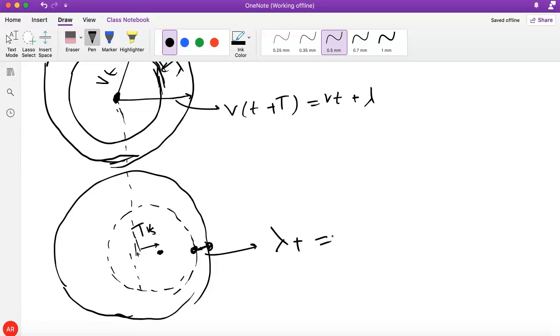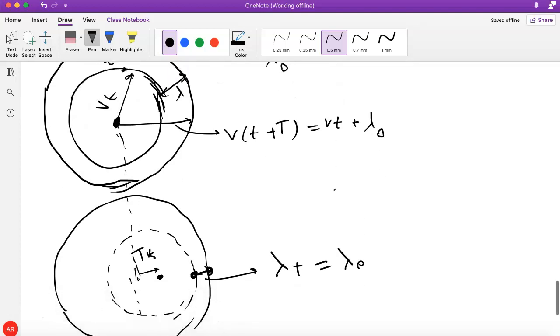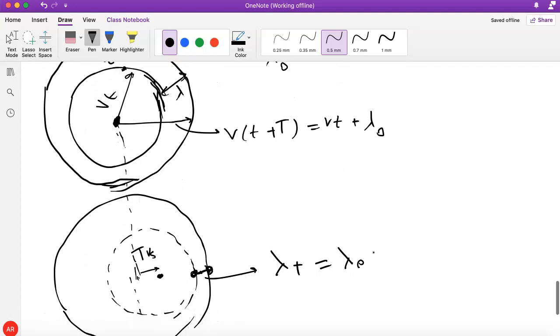So this is going to be lambda naught, the original wavelength for a stationary source, minus Vs, the velocity of the source, times t.